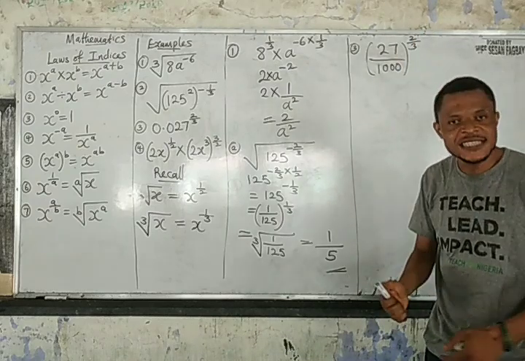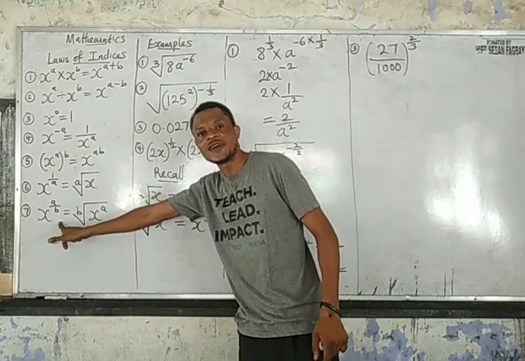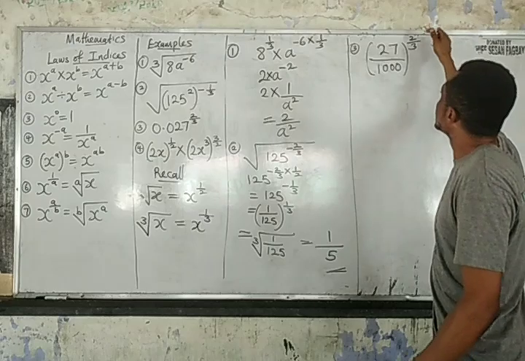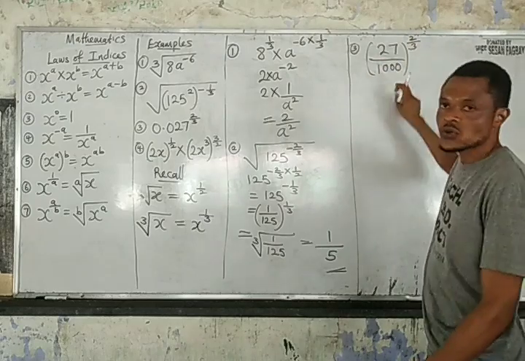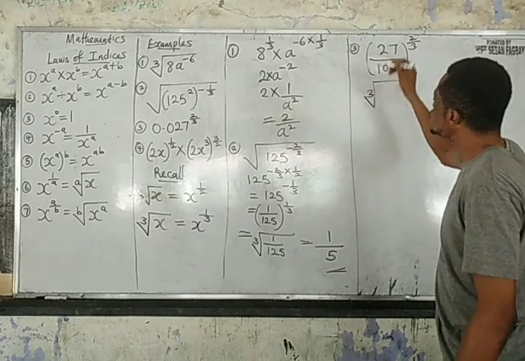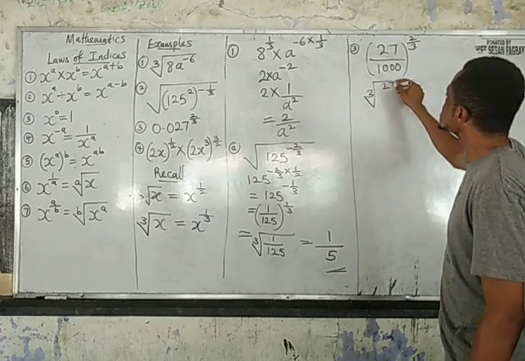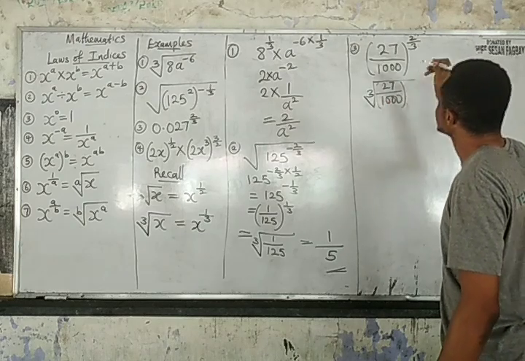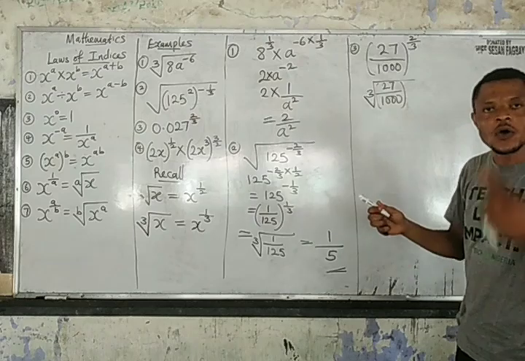We shall apply the 7th law of indices that we have over here. The denominator of the power becomes the root, so that's going to be the cube root of 27 over 1,000, everything raised to the power of 2.